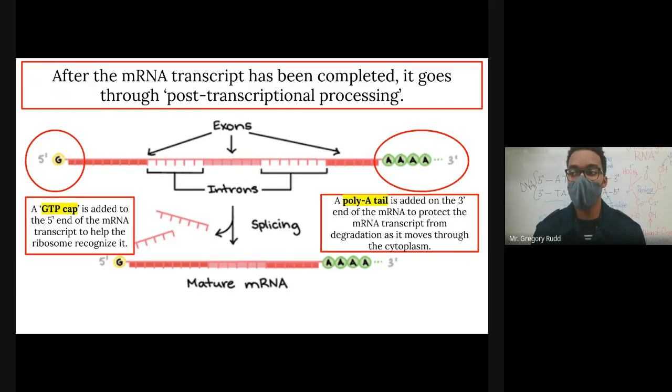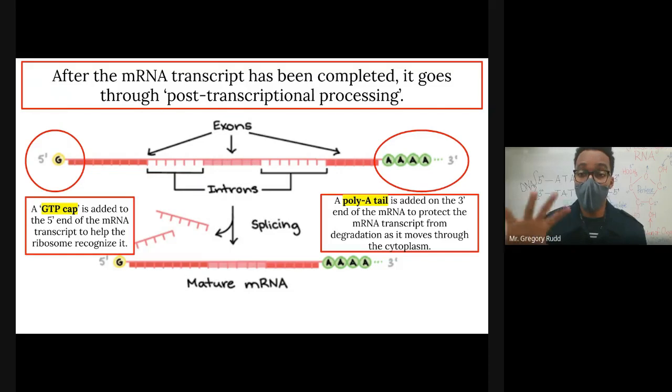As it travels through the cytoplasm, it gets exposed to all these different enzymes that are going to be literally biting off the end. And we don't want those enzymes to bite off the actual mRNA message. That message is important. We need it to eventually be translated.